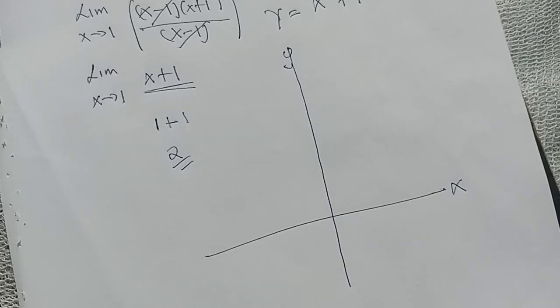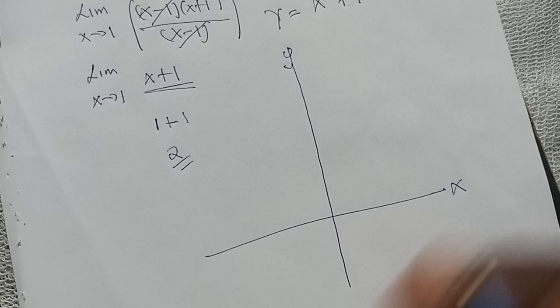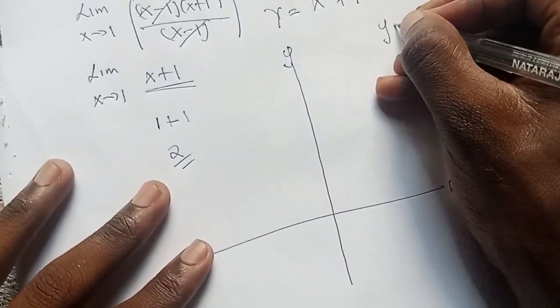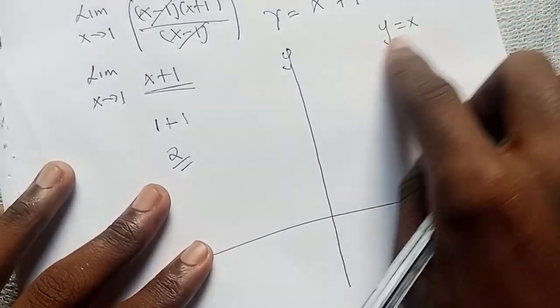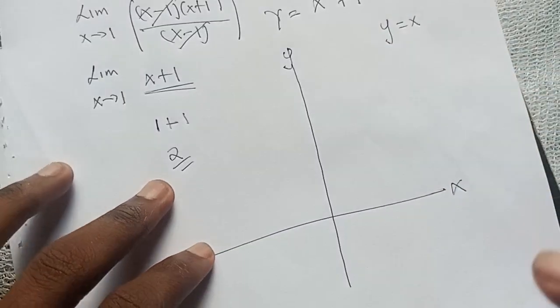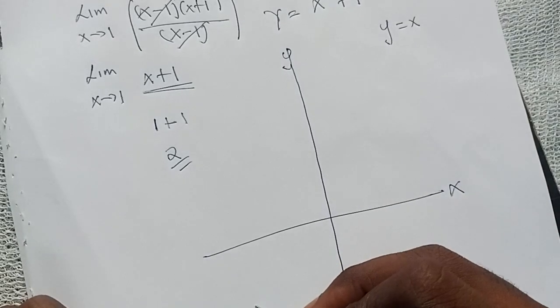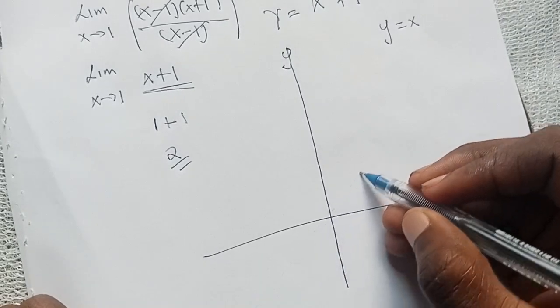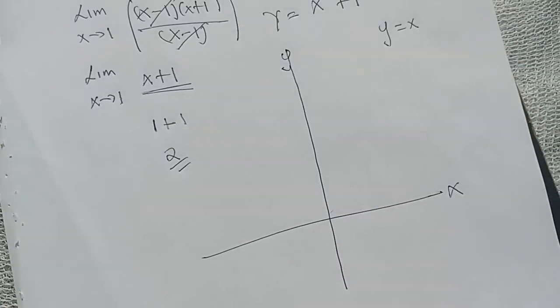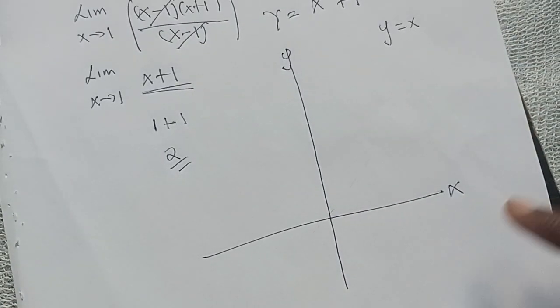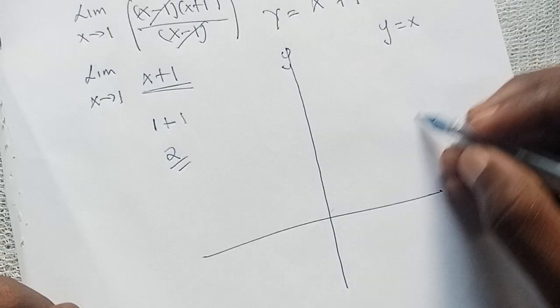So if you have y equal to x, this is a straight line. It's a line which cuts the origin, running diagonally like that.